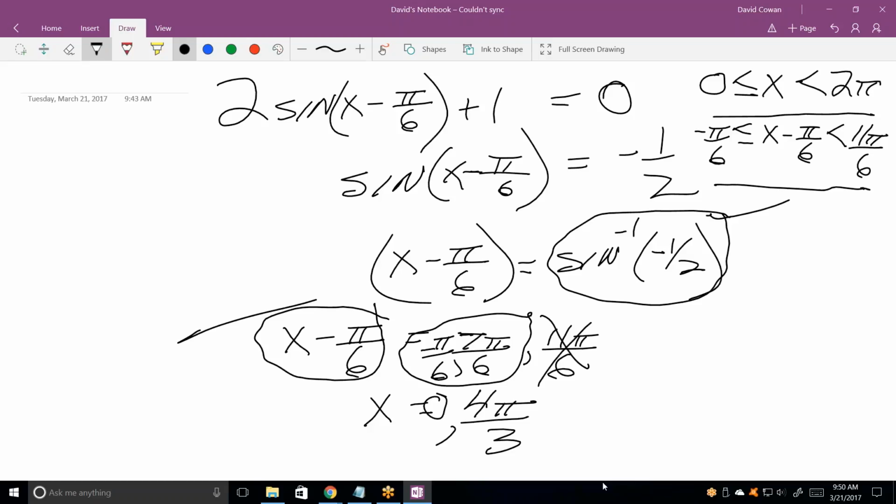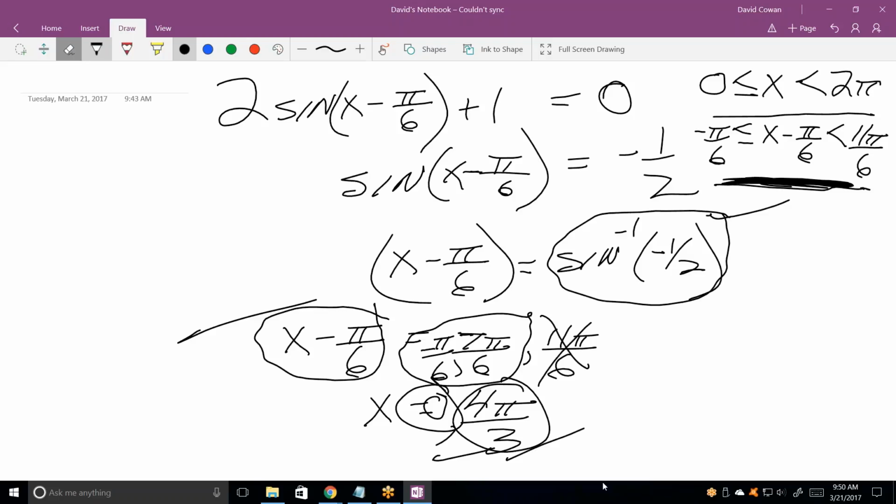And now when I add pi over 6 to both of those, I get 0, and I get 8 pi over 6, or 4 pi over 3. So these are my two solutions. I don't know that you necessarily have to do that, but it's kind of helpful.